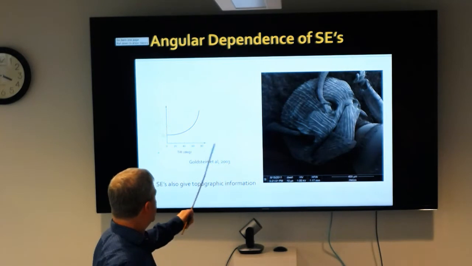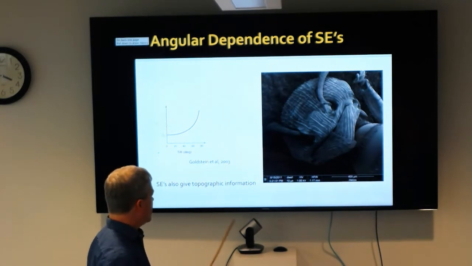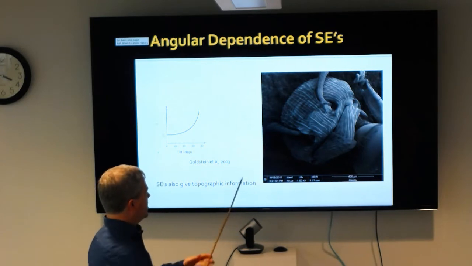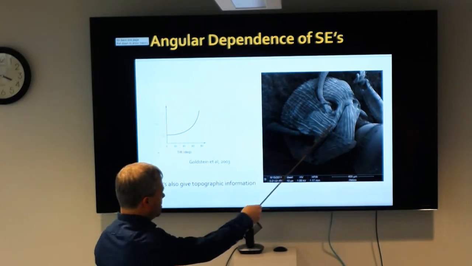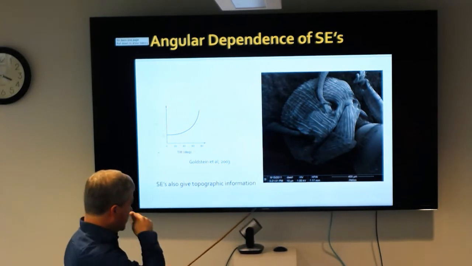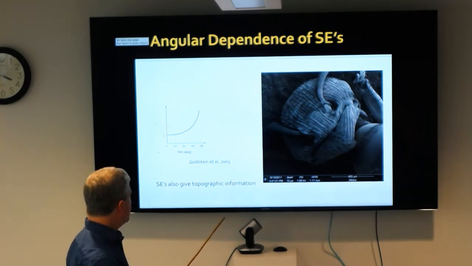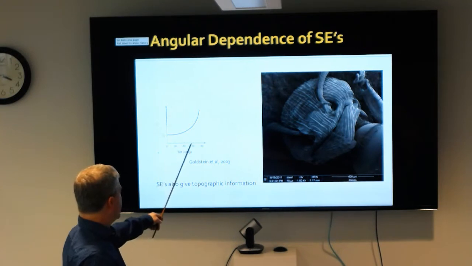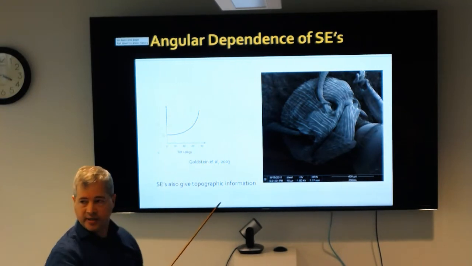What secondaries do give you is very nice topographical information. They give these very spectacular 3D views. So this is an ant sample that we took a picture of. The signal you get depends very much upon the angle at which the electrons are hitting the sample.